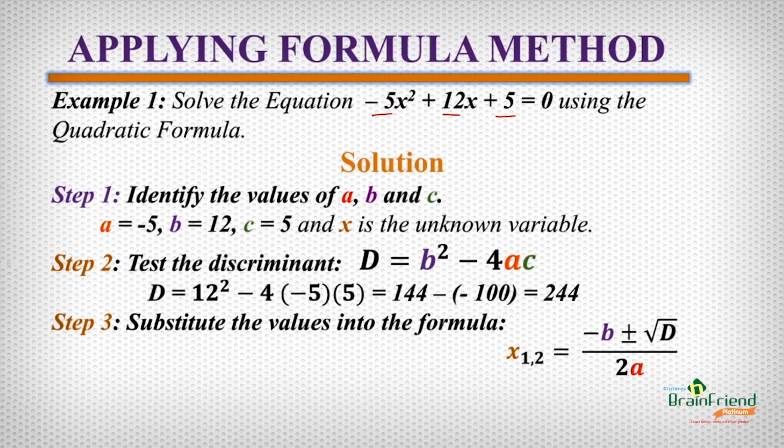Let's first of all test the discriminant, which is our second step. Testing the discriminant means we will now say D = 12² - 4 × (-5) × 5. -5 times 5 is -25. Then when we multiply it by 4, it will be -100.